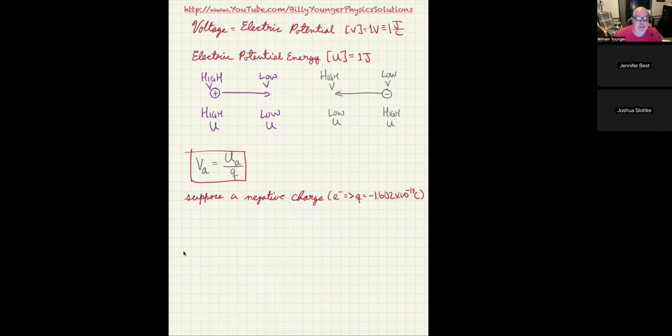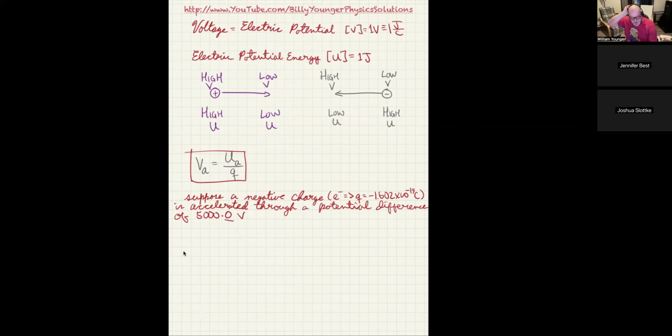Suppose a negative charge is accelerated through a potential difference of 5,000 volts.